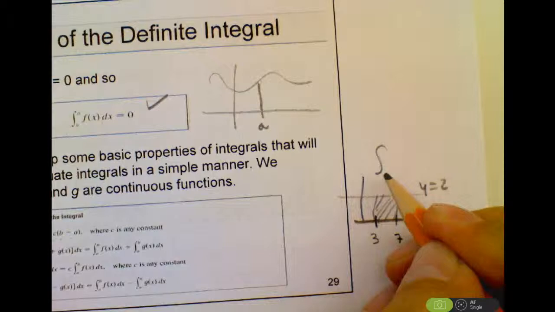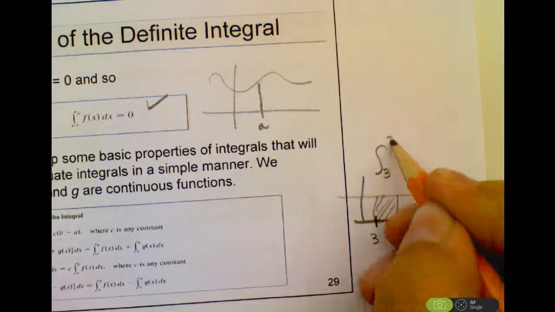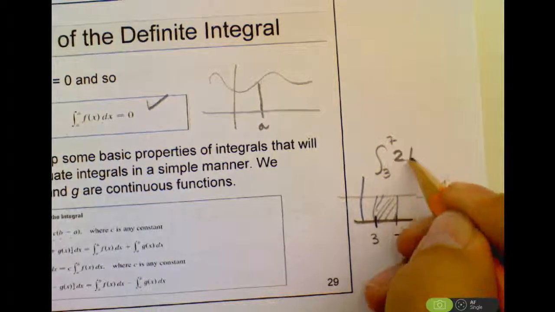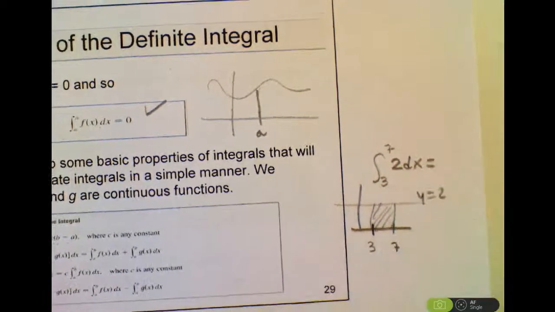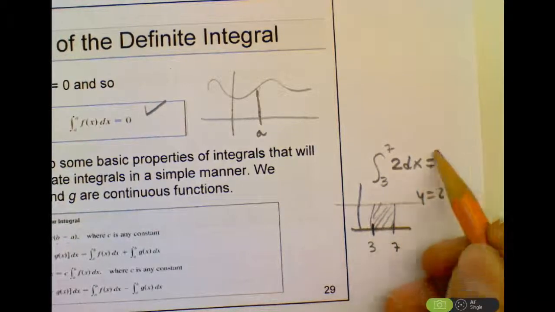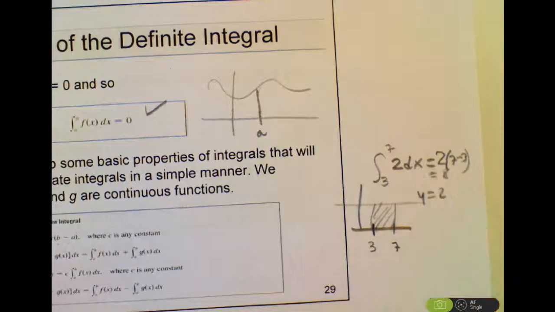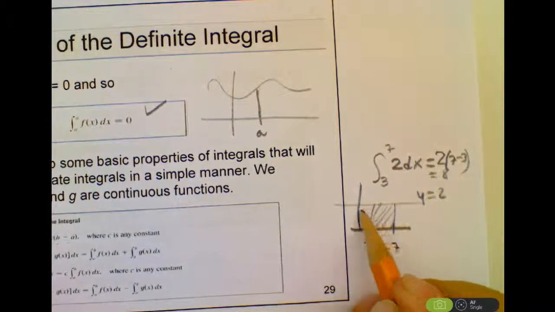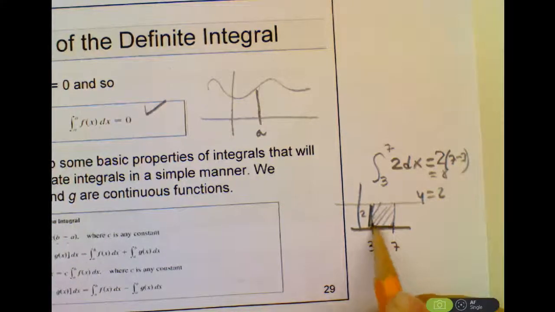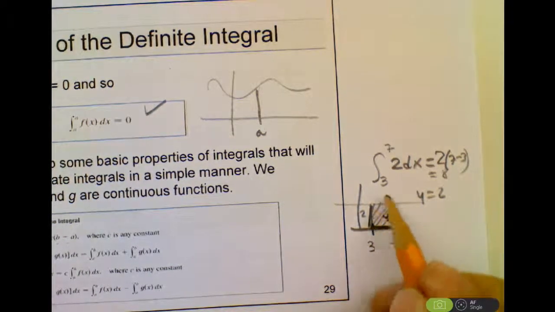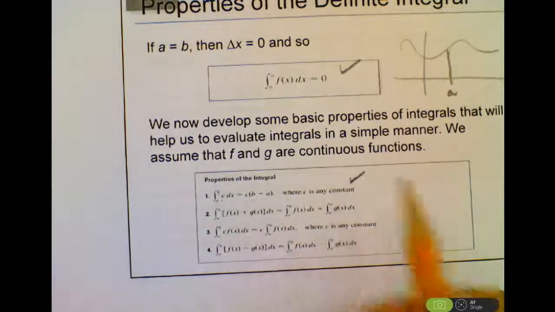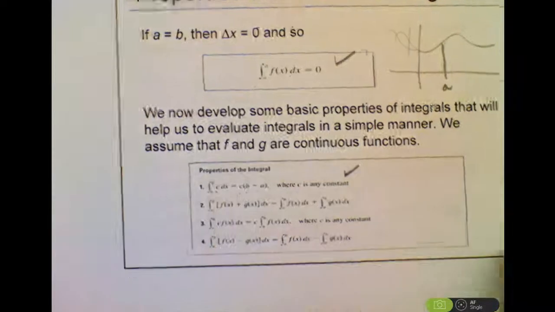The integral between 3 and 7 of the function 2 dx will be 2 times 7 minus 3, which is 8. And that's true because if this is 2, between 3 and 7 the base is 4, and the area is definitely 8. So this is true whenever c is a constant.